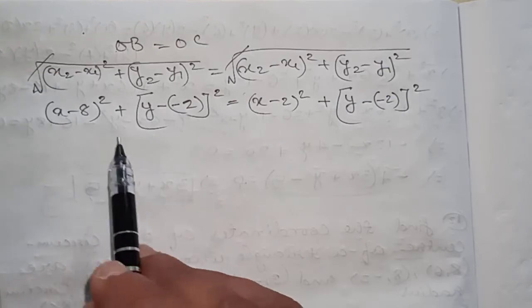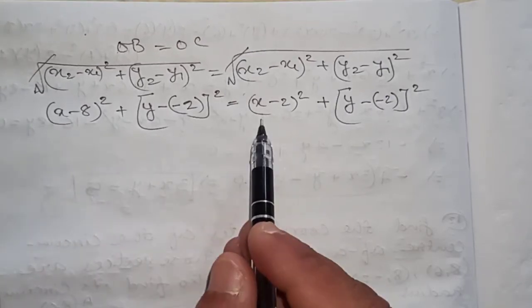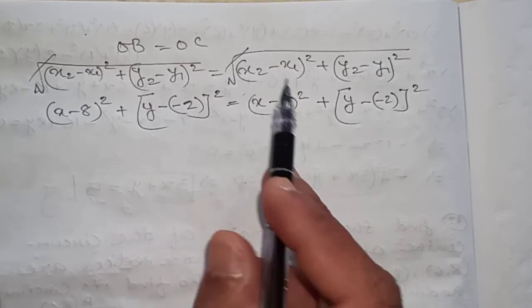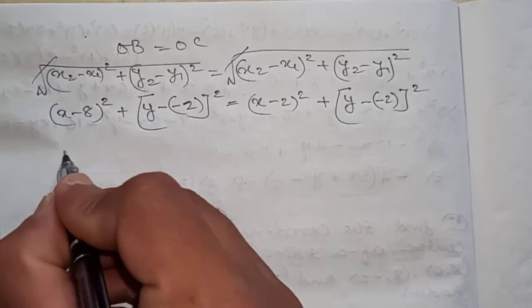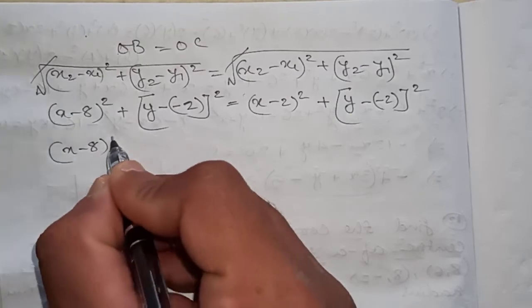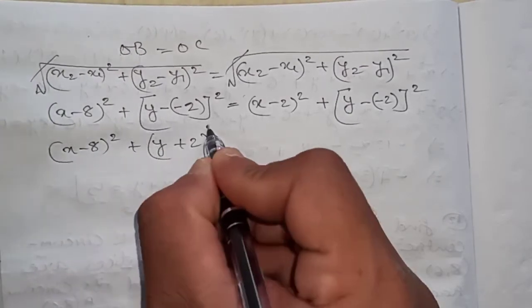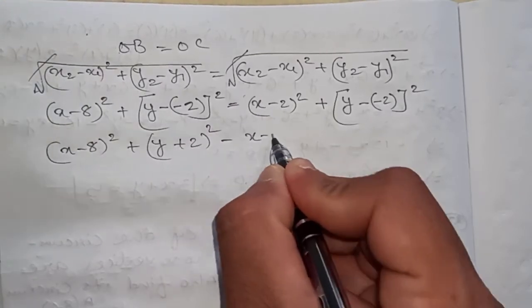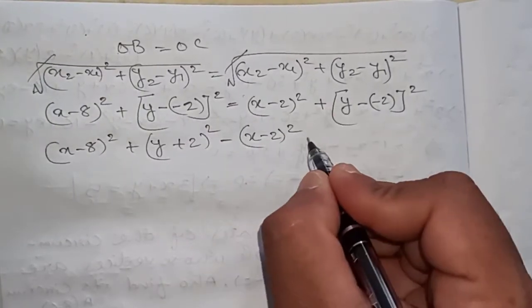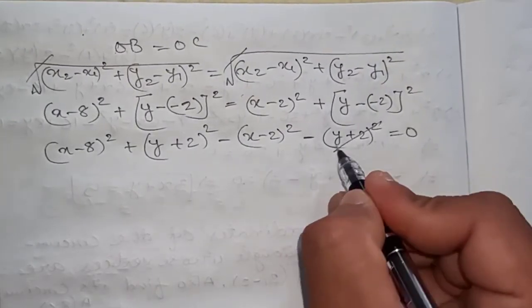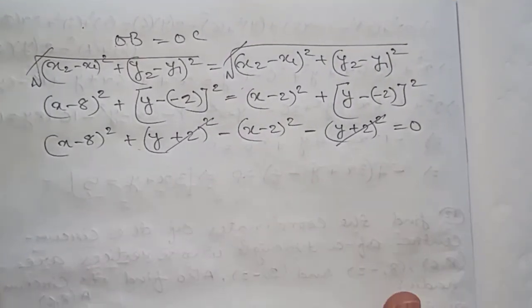So you can see that these two terms are the same. In the previous condition x minus 8 was the same; here y plus 2 will be the same. So I will bring all the terms this side: (x minus 8) whole square plus (y plus 2) whole square minus (x minus 2) whole square minus (y plus 2) whole square equals 0. These two will be cancelled because one is plus, one is minus.